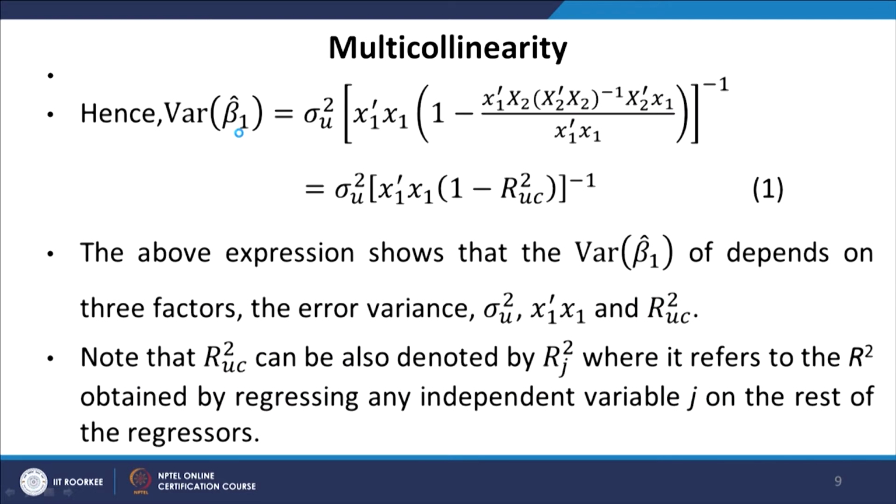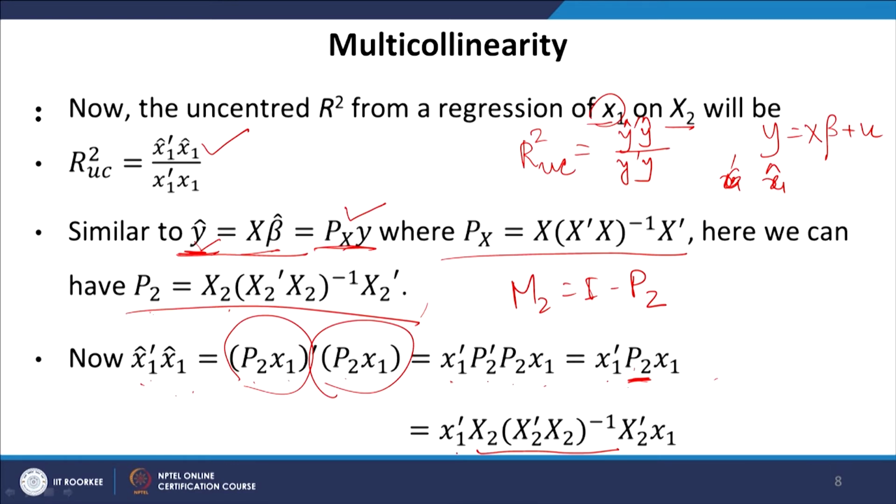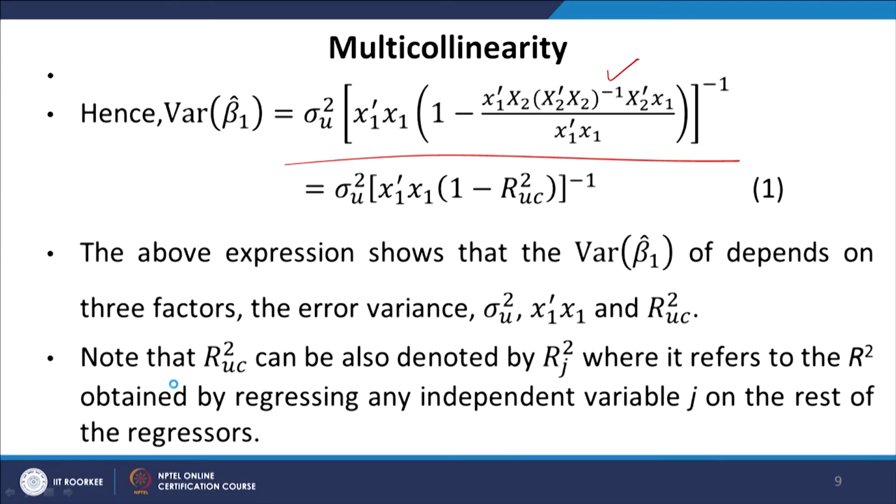Now, this was my variance expression in the previous slide. I have just rewritten it here, and you can see that this expression is exactly x1 hat prime x1 hat, so I can always write it here.